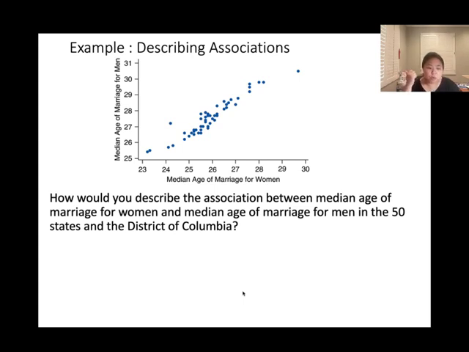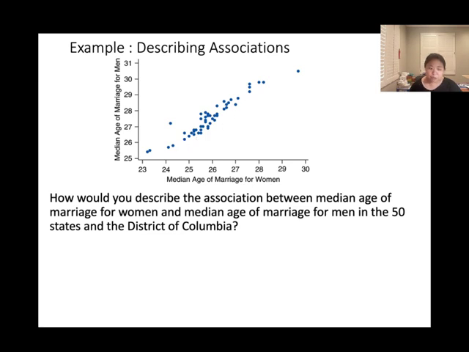You could talk about the shape: is it linear or non-linear? Also the strength: is it a strong association or a weak association? So you can see first, is this positive or negative? This is positive, and also this is linear. So for number 1 and number 2, you could say this is going to be positive and linear.